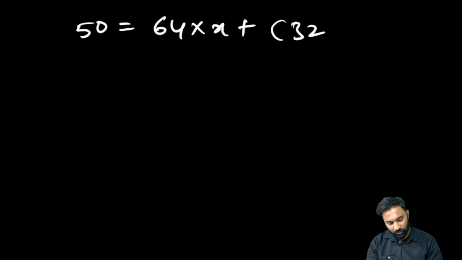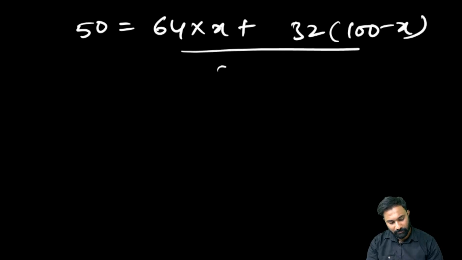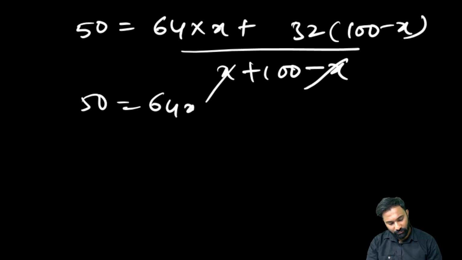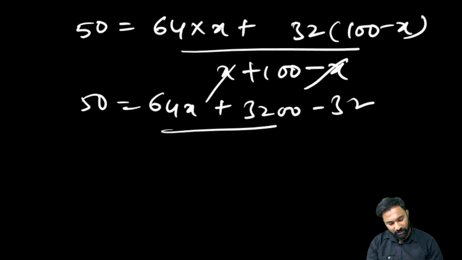Now M average they have given as 50. 50 is equal to SO2 gas, SO2 means 32 plus 32, 64. 64 into X plus 32 into 100 minus X, by X plus 100 minus X. X gets cancelled, then 50 will be equal to 64X plus 3200 minus 32X by 100.